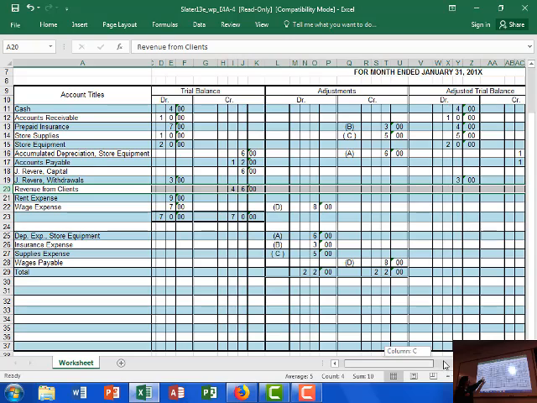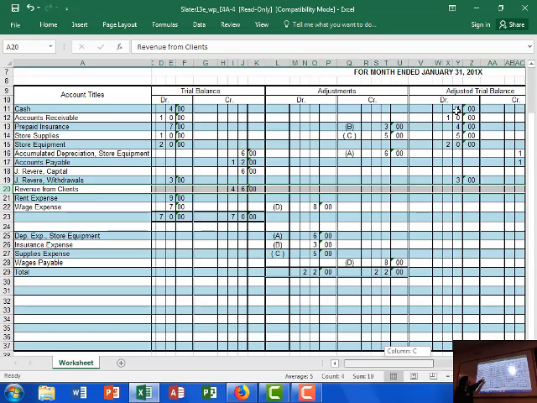Correct. Now from the adjusted trial balance, we're going to take the information for our balance sheet. And according to page 46 in our book, the balance sheet has what? Assets on one side, and liabilities and owner's equity. If you're ever wondering, what do we have? Here we go. Assets.